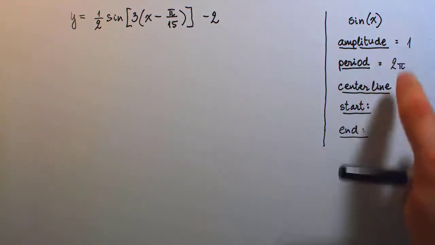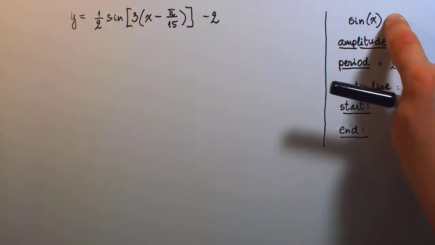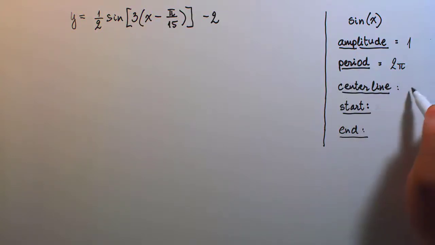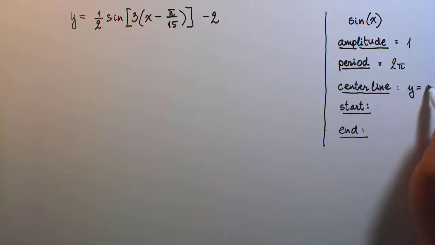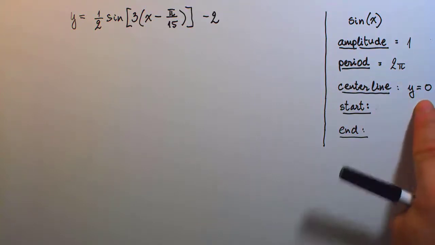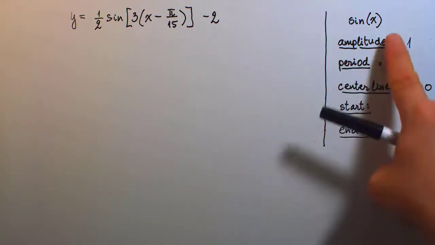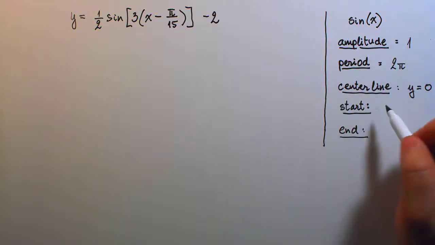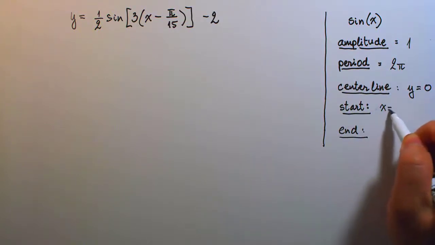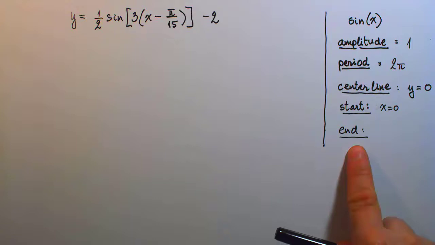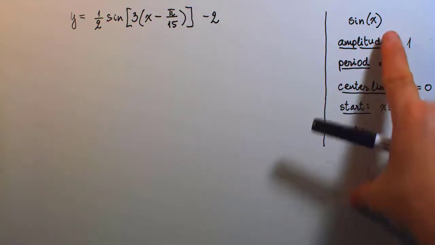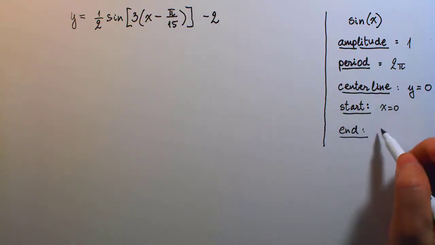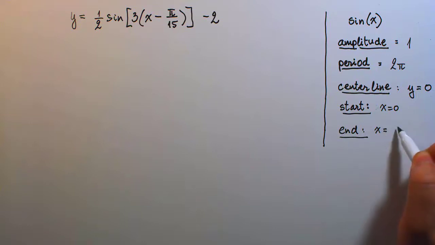This ordinary sine of x function has a center line at y equals 0, namely the x-axis. The base unit for our sine of x graph starts at x equals 0, and ends at x equals 2 pi.